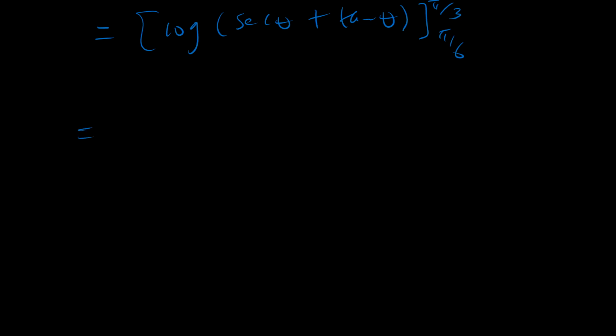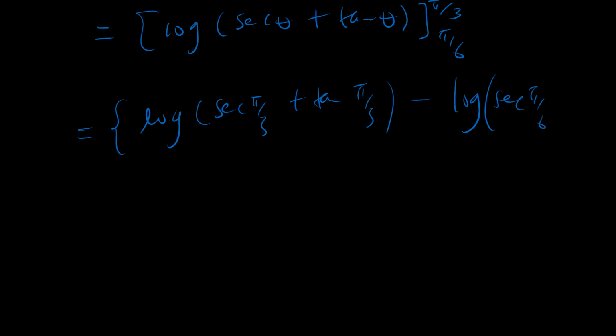So we said our integral is the natural log of sec theta plus tan theta from pi over 6 to pi over 3, which is the same as the natural log of sec pi over 3 plus tangent of pi over 3, minus log of sec pi over 6 plus tangent pi over 6. So sec is obviously 1 over cosine.